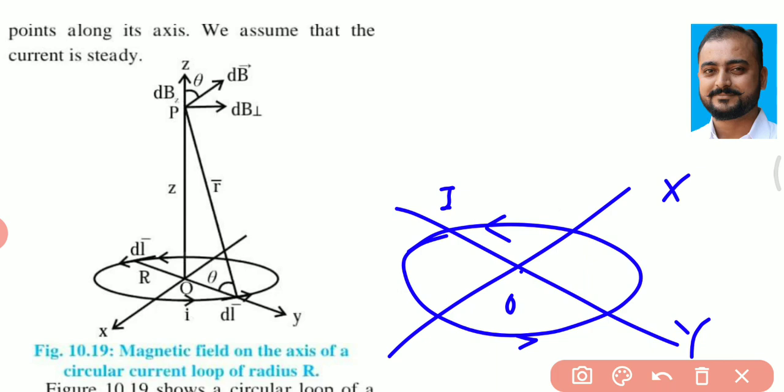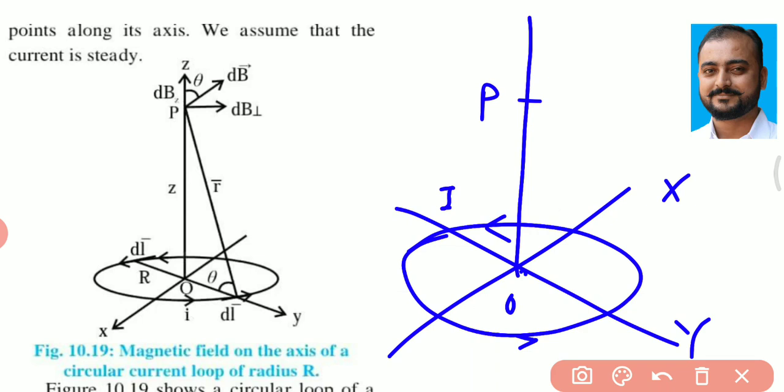Then what we have to find along the axis, we consider the point P. Now as you observe this diagram, where is its center and where is its axis? This axis belongs like this. We consider the point P here. For my convenience I will just shift it here. So this is a point P which is along the axis of the given circular coil.